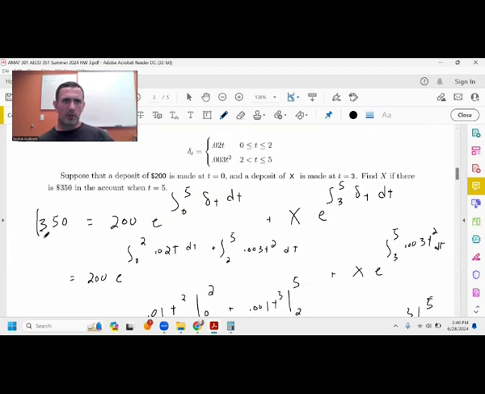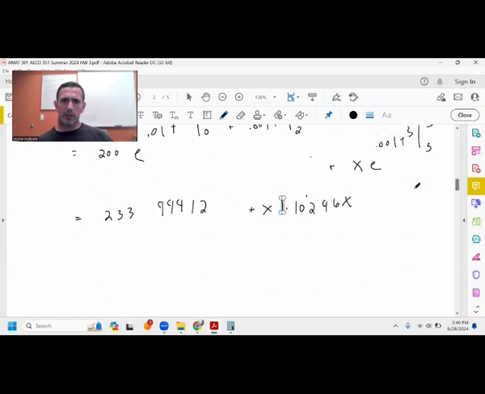All right, so these are equal. Solve for x. Easy peasy. That looks a little weird. I have an x.